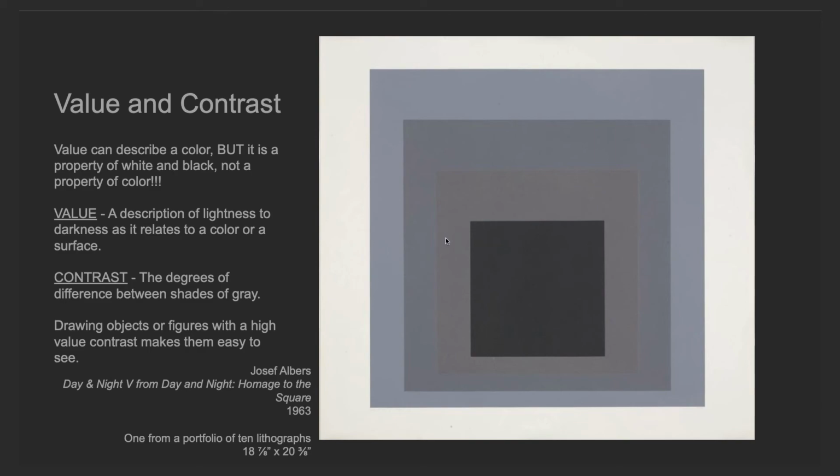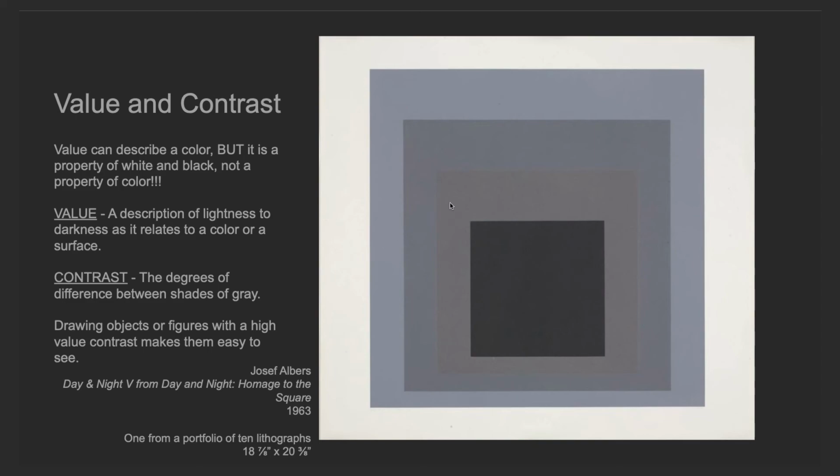The difference between this square of gray and this square of gray is not a very big difference, but there is a difference. So contrast is the degree of difference between shades. So we can look at this painting and we can see that there are 1, 2, 3, 4 steps between black and white. So you can call that 4 degrees of difference.